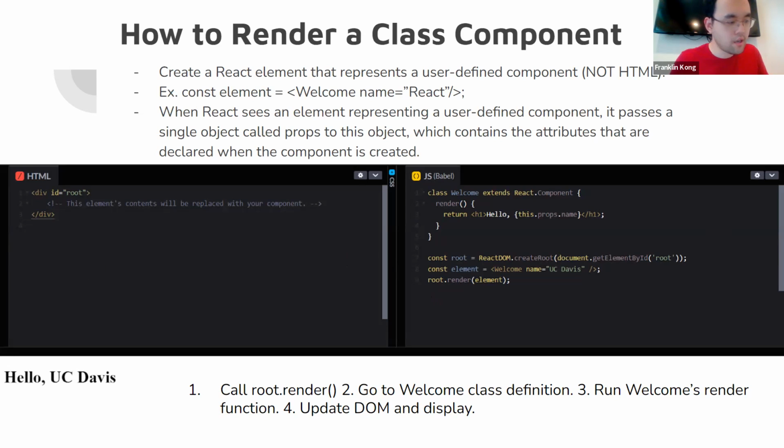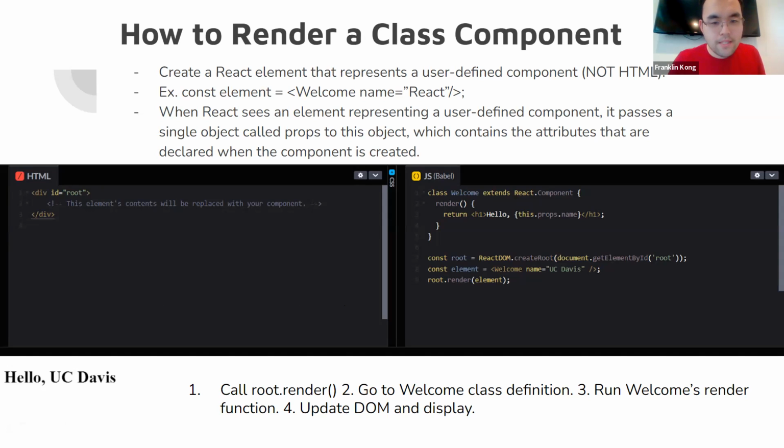So what happens here is when you call root.render with Welcome name equals UC Davis, React checks the element name, it's Welcome. So it goes to the class Welcome definition and it automatically passes in the props as an object with the attribute name equals UC Davis.